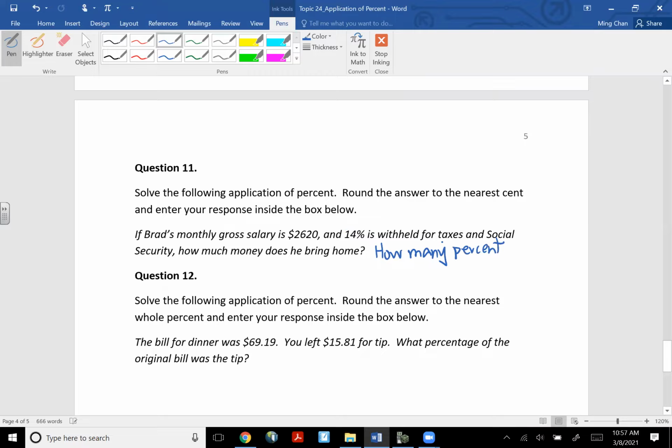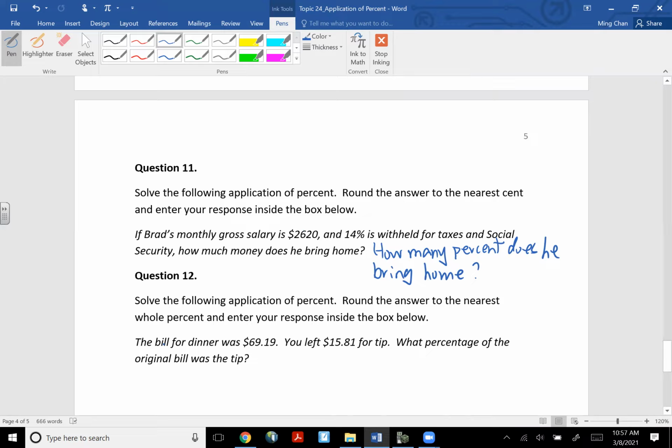If 14% is withheld, that means the rest of it is what he brings home. So the question is, what percent does he bring home? Because if you can figure out this percentage, then that percentage times the total gross will be the amount of money he brings home.